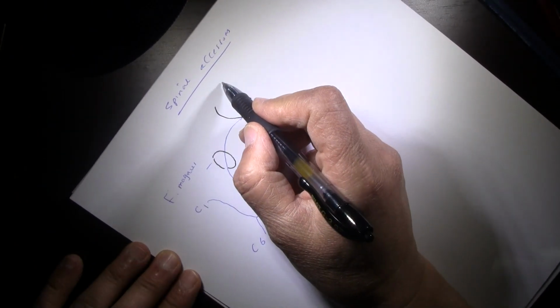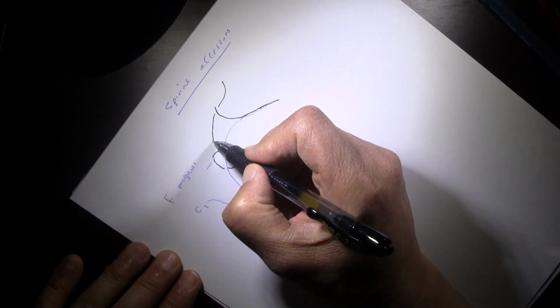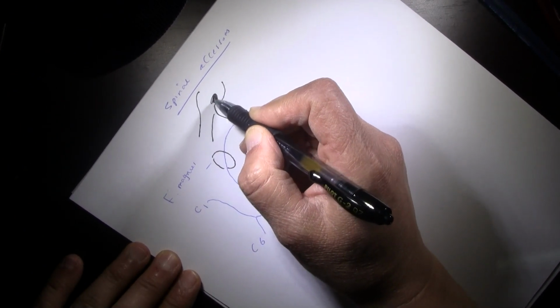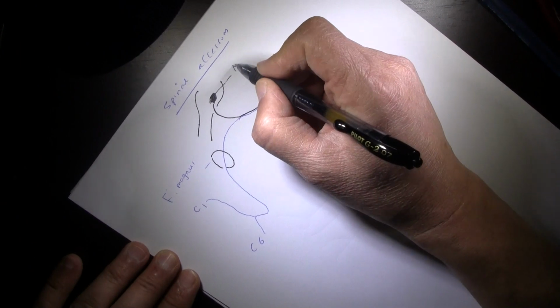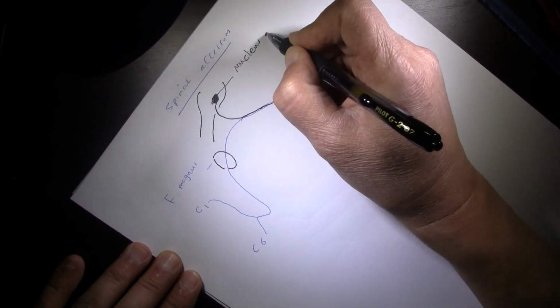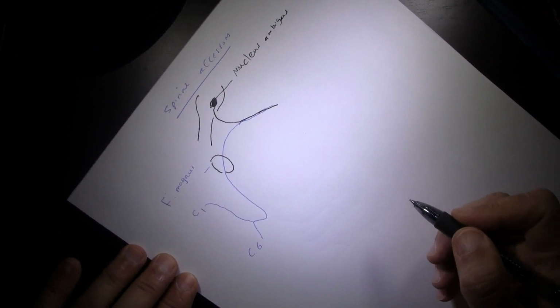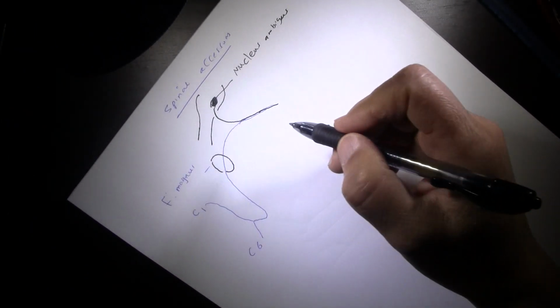the brainstem. This is the one coming from the medulla, from a nucleus called nucleus ambiguus, which also gives origin to the glossopharyngeal and vagus nerves.